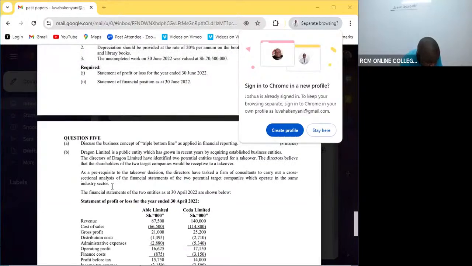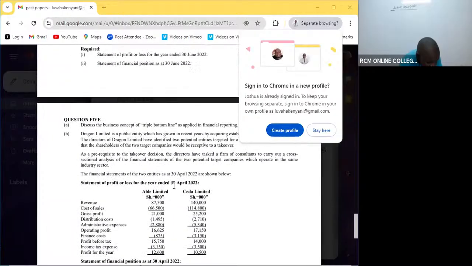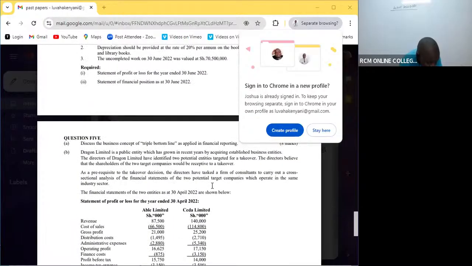The directors believe that the shareholders of the two target companies would be receptive to the takeover. As a prerequisite to the takeover decision, the directors have tasked a firm of consultants to carry out a cross-sectional analysis of the financial statements of the two potential target companies which operate in the same industry and sector. The financial statements of the two entities are as follows.